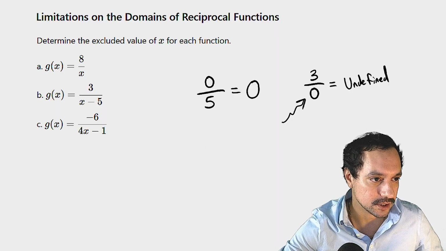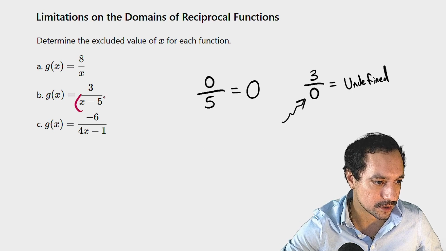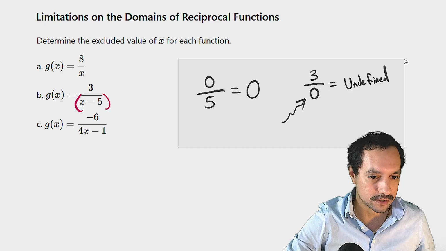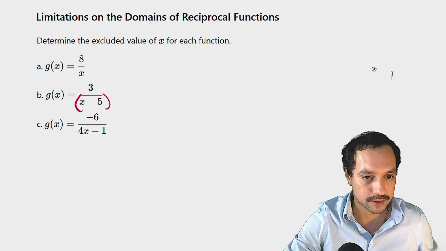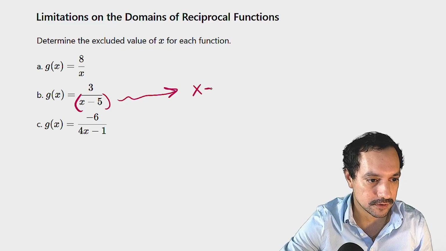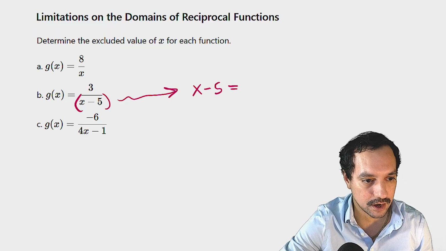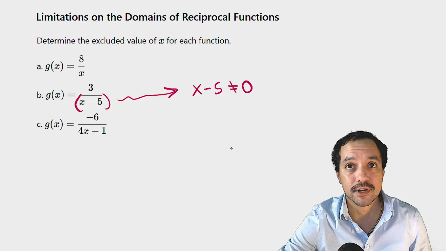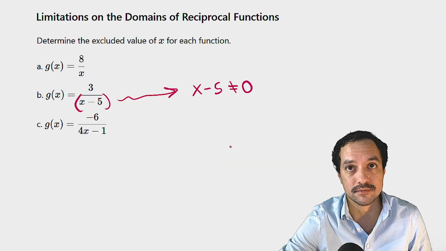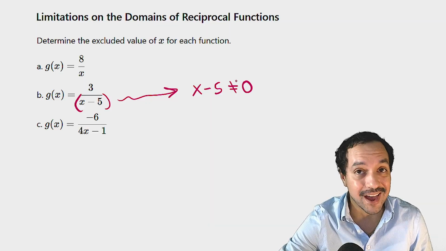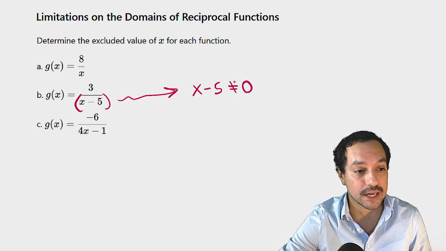I actually want to start with b. So what I'm going to do is take that denominator and think of it algebraically. I want to think of it as x minus 5 cannot be 0. And then from there, I'm going to solve to see, I know that the expression x minus 5 can't be 0, but what x value is not able to be plugged into that specific denominator?